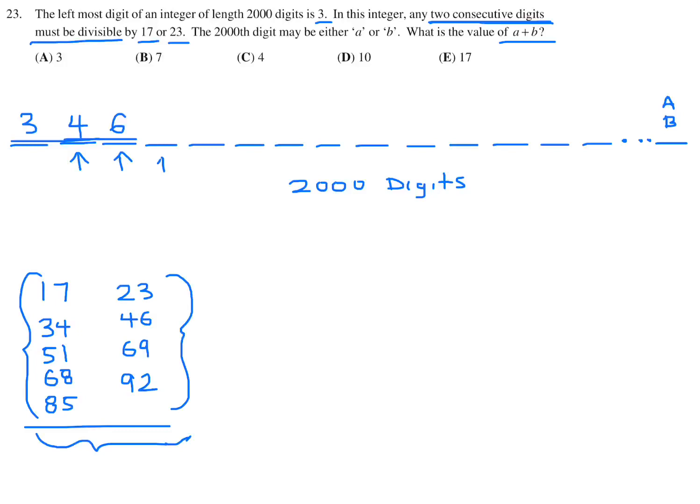Now I have to choose a digit here, and if I do, this 2-digit number must be divisible by one of these down here. So 6, well, I got 2 choices, 68 or 69. Well, let's put 68 first and see what happens. Later on I'll do the 69.